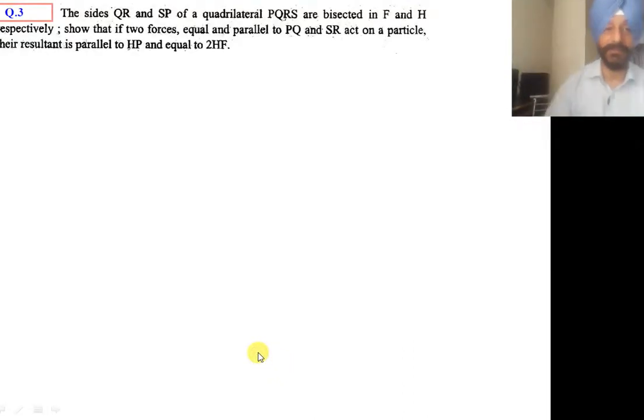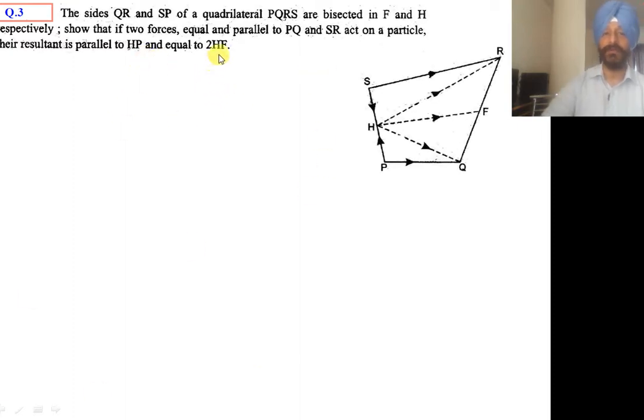Now come to the third question. The sides QR and SP of a quadrilateral PQRS are bisected in F and H respectively. Show that if two forces equal and parallel to PQ and SR act on a particle, their resultant is parallel to HF and equal to 2HF.